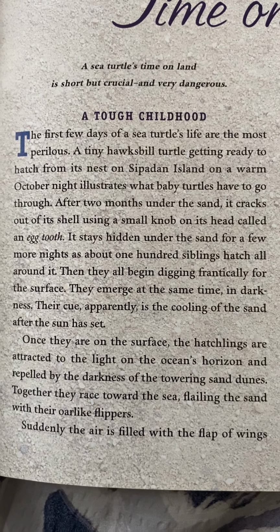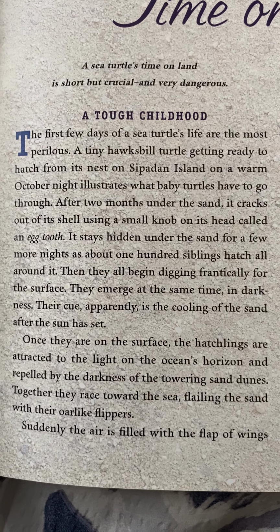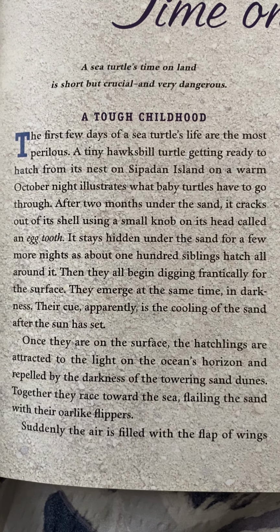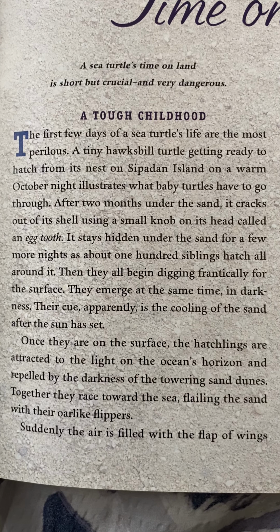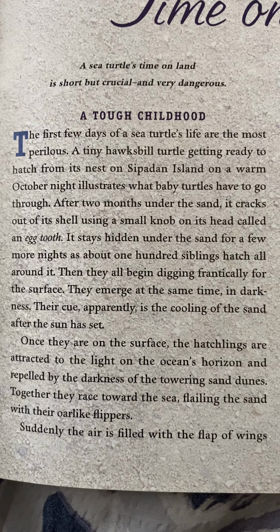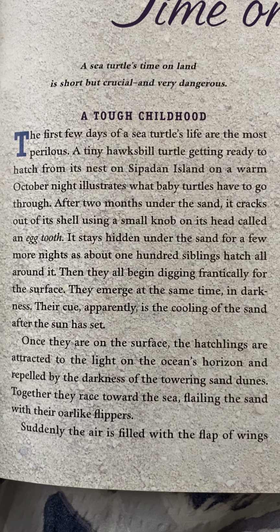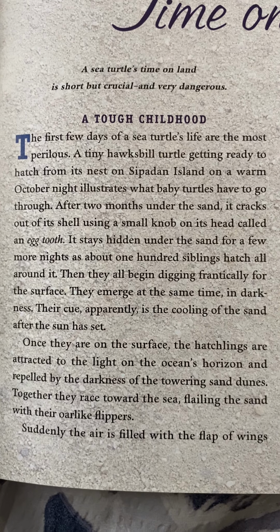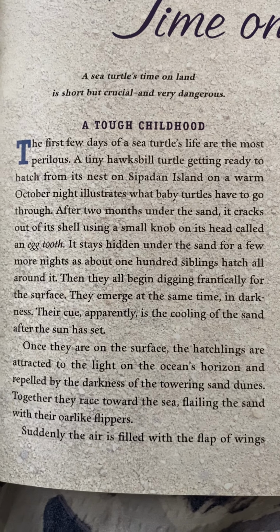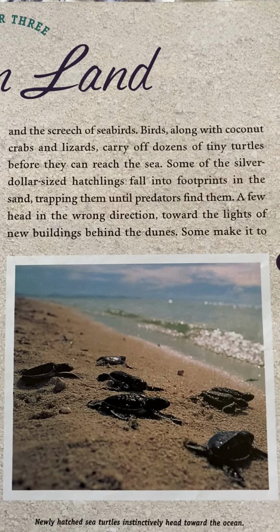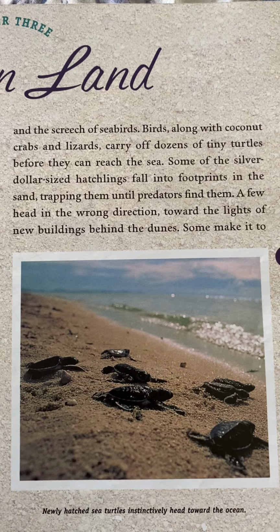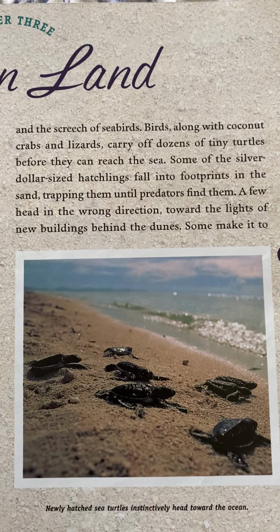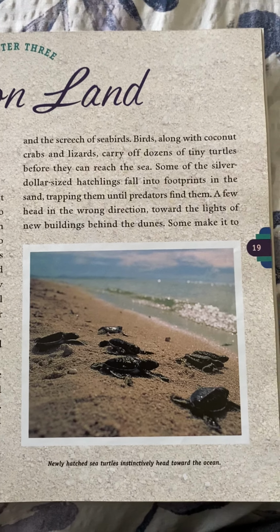Once they are on the surface, the hatchlings are attracted to the light on the ocean's horizon and repelled by the darkness of the towering sand dunes. Together they race toward the sea, flailing the sand with their oar-like flippers. Suddenly the air is filled with the flap of wings and the screech of seabirds. Birds, along with coconut crabs and lizards, carry off dozens of tiny turtles before they can reach the sea.